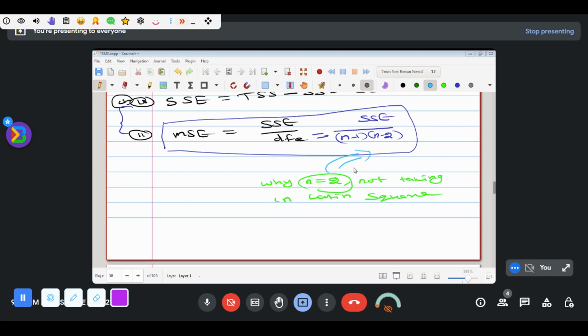The denominator will be 0, so it does not exist, correct? Therefore, MSE does not exist in the calculation part. Therefore, n equal to 2 is not satisfied in the Latin square. This is a very, very, very important 2-mark part.